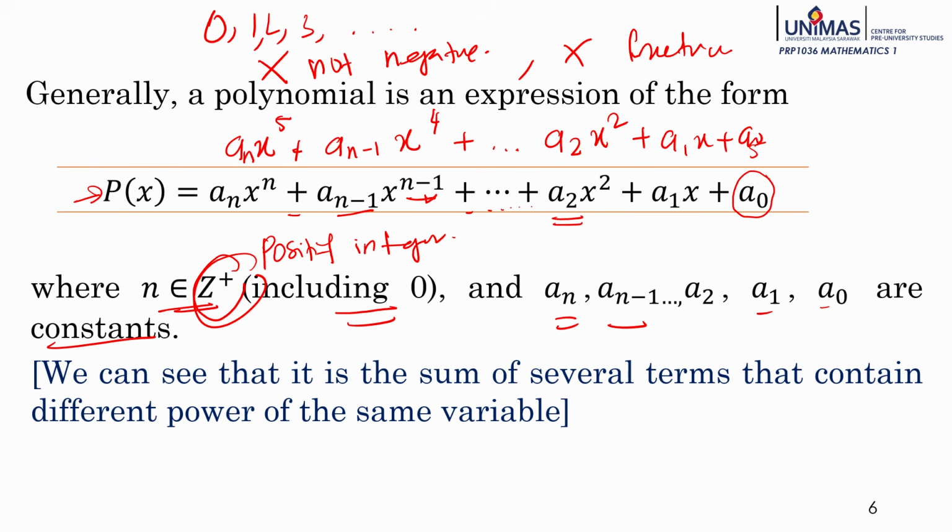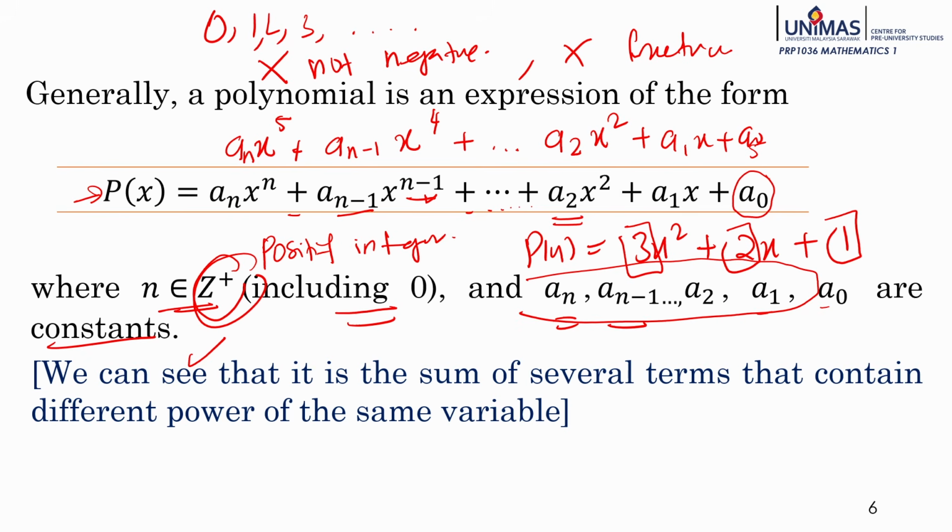For example, if we have p(x) equal to 3x squared plus 2x plus 1, we can see that 3, 2, and 1 are constants, referring to values. A polynomial is the sum of several terms that contain different powers of the same variable.